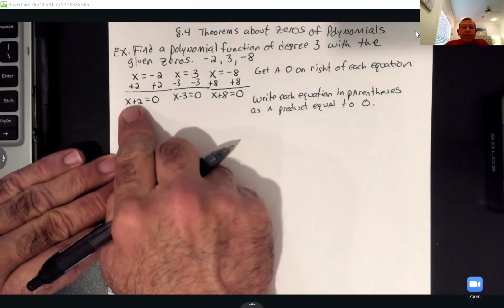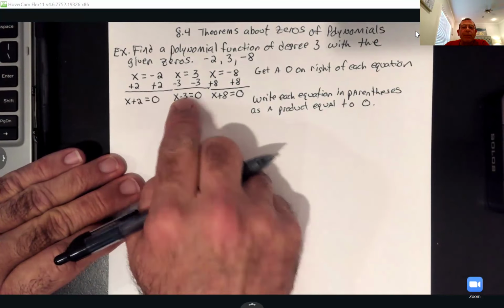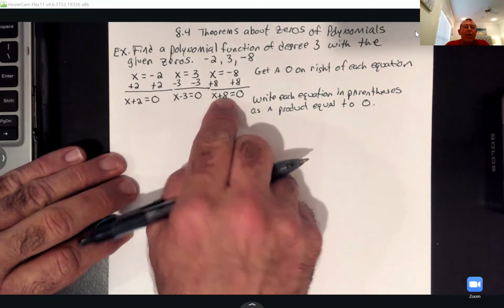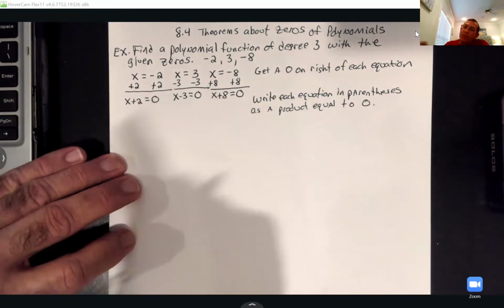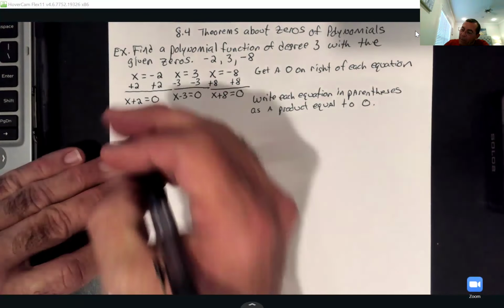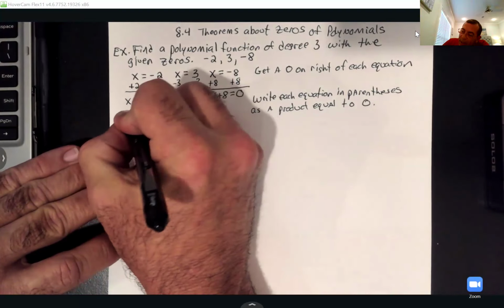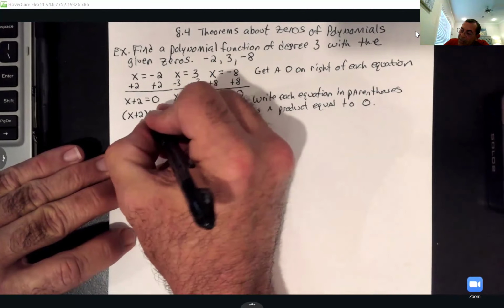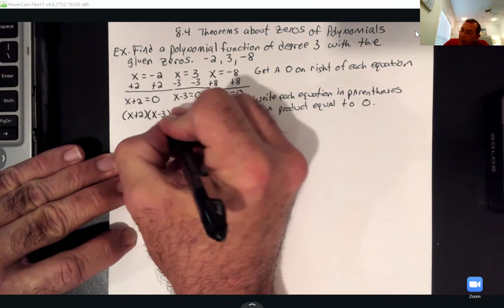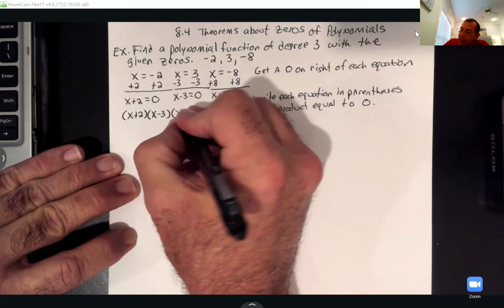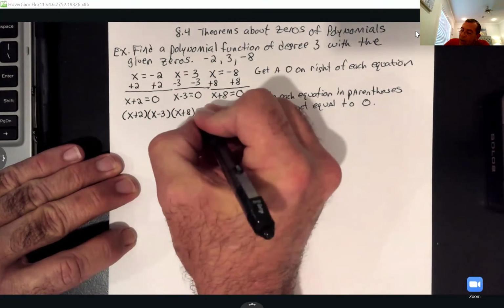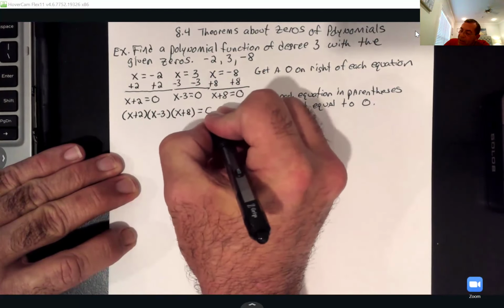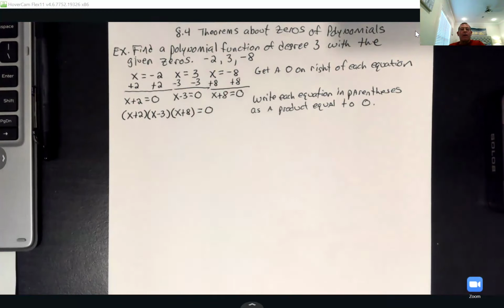Ain't it true? If this equals 0, this one equals 0, this one equals 0, if I write them all together, they're still going to equal 0. So we're going to go x plus 2 times my x minus 3 times my x plus 8. All of these multiplied together still equal 0.